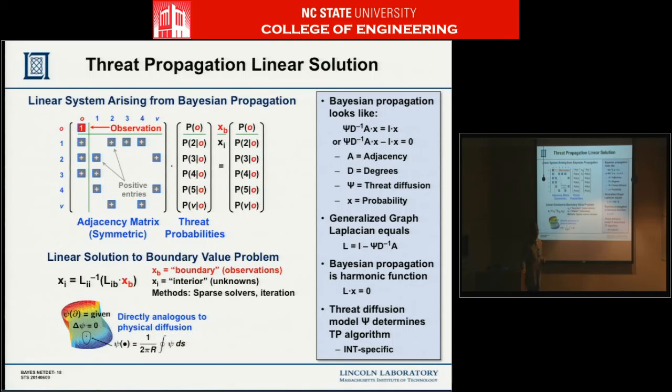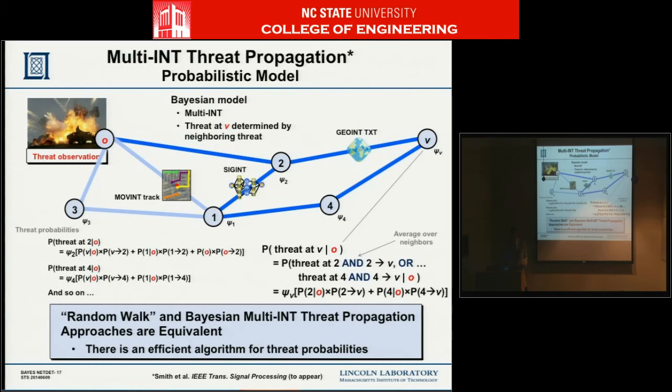You had a question? As a follow-up to Dr. Craig's question, if you flip back to the Bayesian model graph, so here, when you're computing the conditional probability of, say, the probability of threat at V given node 4, is that computed from the graph propagation, or does that have to be known or estimated somehow?